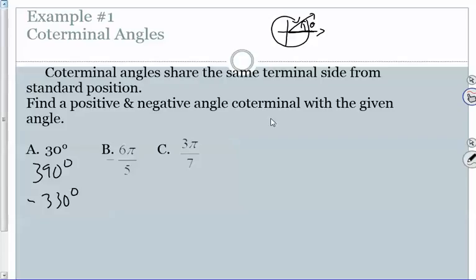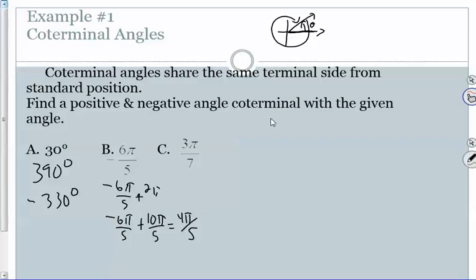Same thing for negative 6 pi over 5. I'm going to just do negative 6 pi over 5. I'm going to add 2 pi. Now, adding 2 pi is like adding 10 pi over 10. Or sorry, 10 pi over 5. So then that gives me 4 pi over 5.